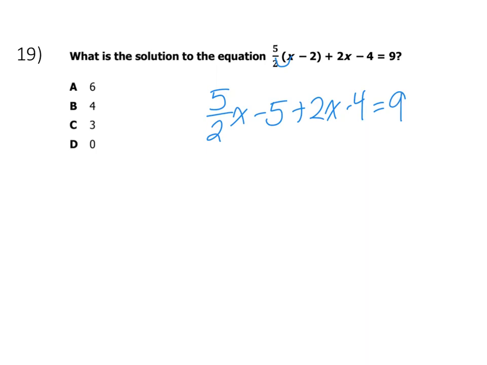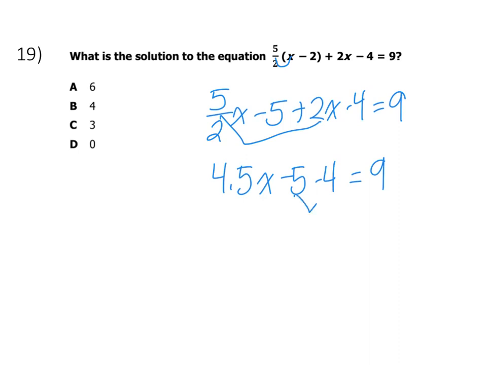I'm going to combine 5/2x plus 2x, so 5 divided by 2 plus 2 gives me 4.5x minus 5 minus 4 equals 9.